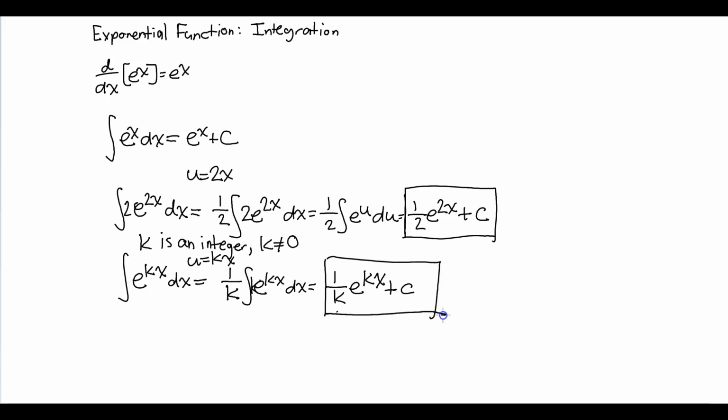Because the integral is not that hard, you're allowed to make these generalizations. Now, not all integrals are this easy. Let's look at some more challenging ones.